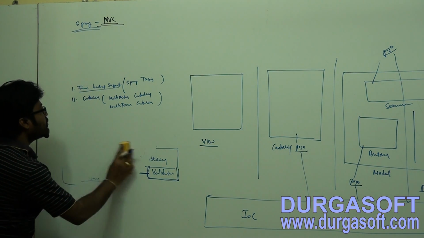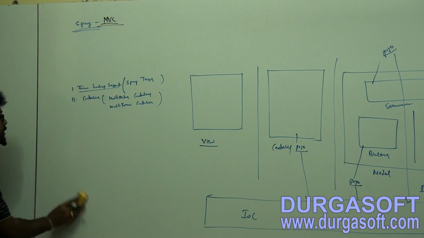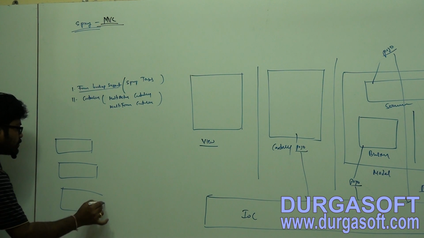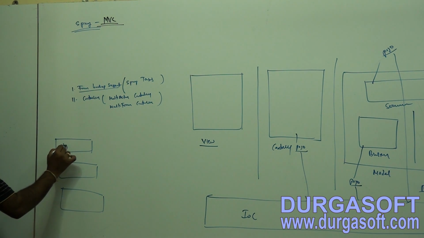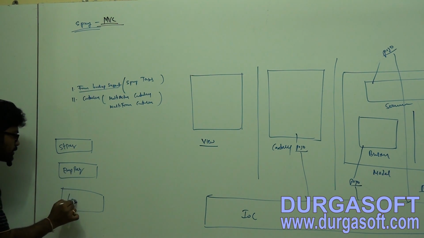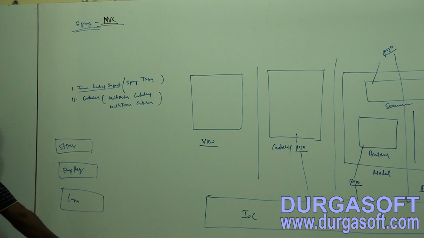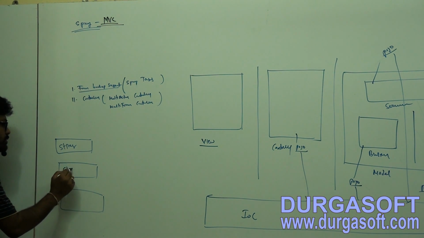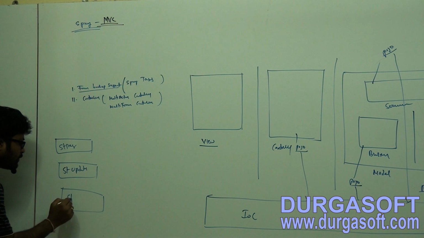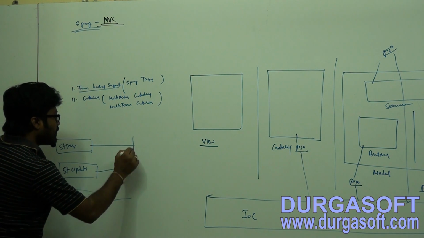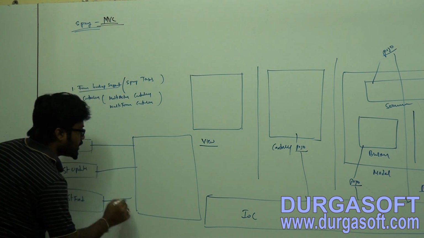So by using these multi-action and multiple form controllers, what we can do? In case we have multiple input forms, like student registration, employee registration, and some login. Student registration or student updation, student find operations. If you want to do student registration, student update operation, and student find operation, all these three operations, if you want to execute from only one single controller class, you can write a single controller.